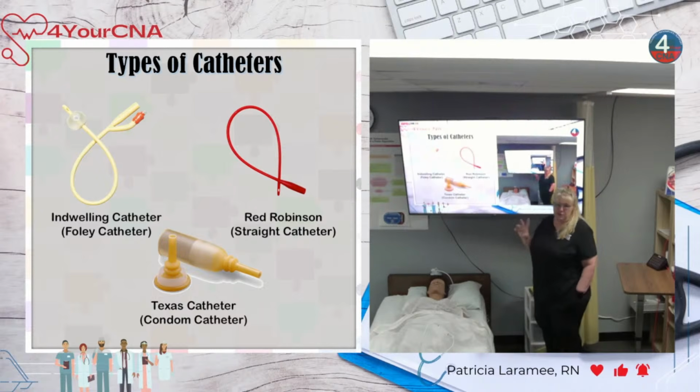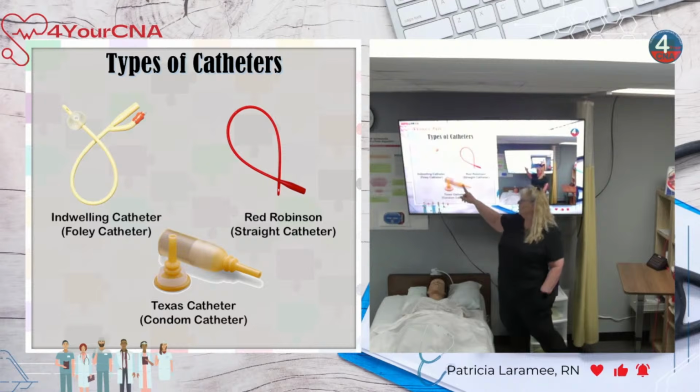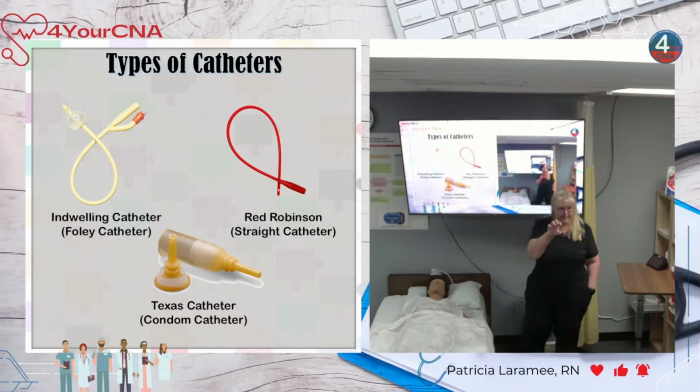They're good in certain situations, but the problem is that this is a reservoir tip, right? So the end of the tip of the penis is going to stop right about here when you put it on. So you've got this little section right here that is going to hold urine right up against the tip of the penis. Urine is acidic.